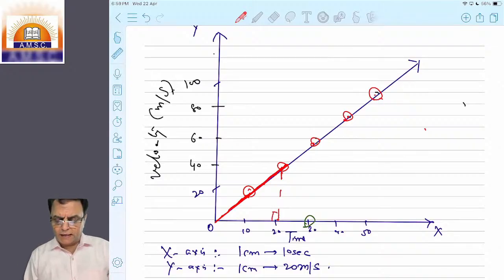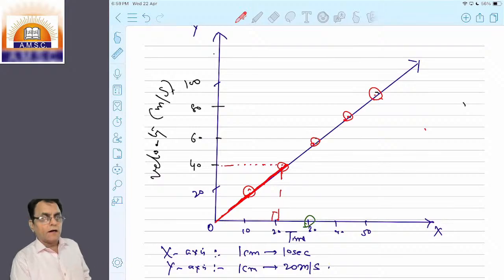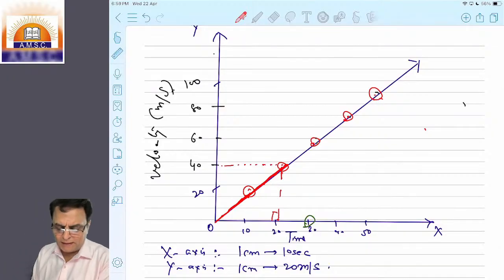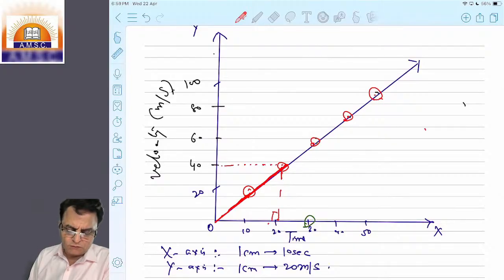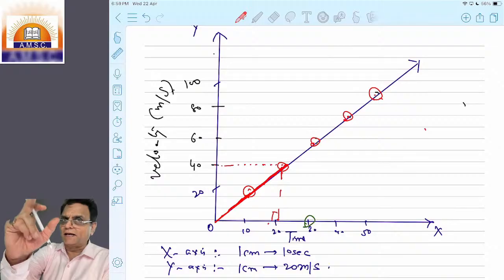In fact, I have not even got a right angle triangle, I received a rectangle. Rectangle है ना? This length is 40, this breadth is 20. Rectangle बन गया या नहीं बेटा? Please tell me.